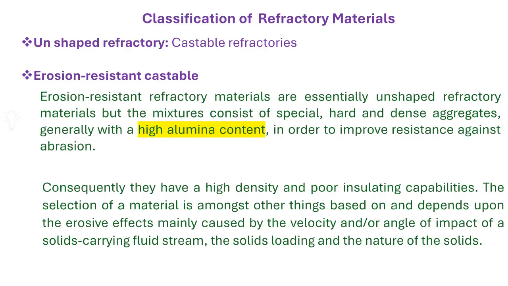Common aggregate choices include tabular alumina and corundum, both forms of aluminum oxide. For even more severe conditions, materials like silicon carbide may be added. And in very demanding or specialized applications, you might even see exotic aggregates such as nitrides, tungsten carbide, or zirconia.